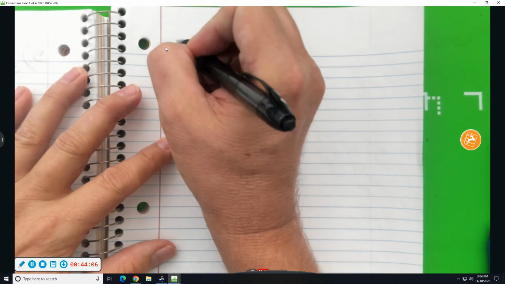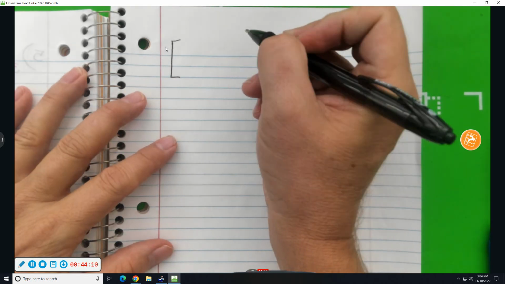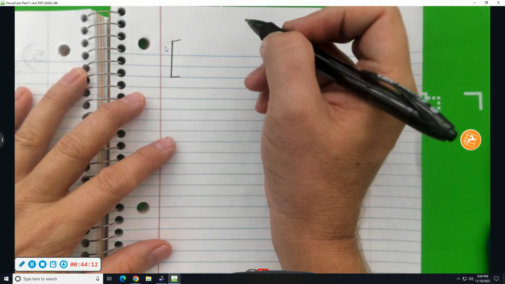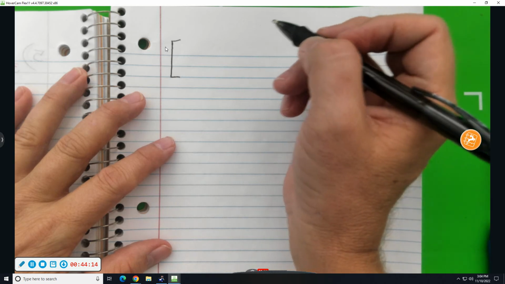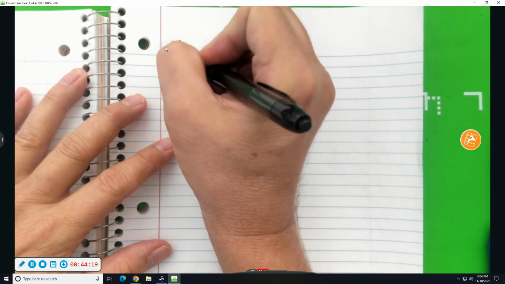Generally, we enclose a matrix in these little brackets. It looks like the brackets that you use for closed circles in interval notation. Here's an example of a matrix.